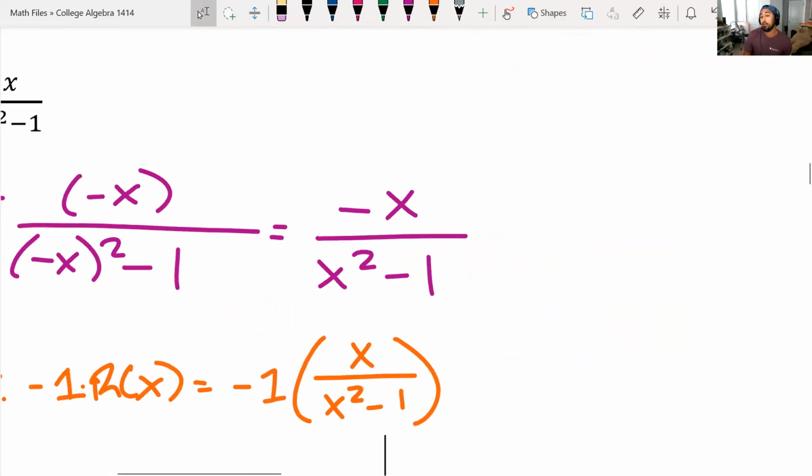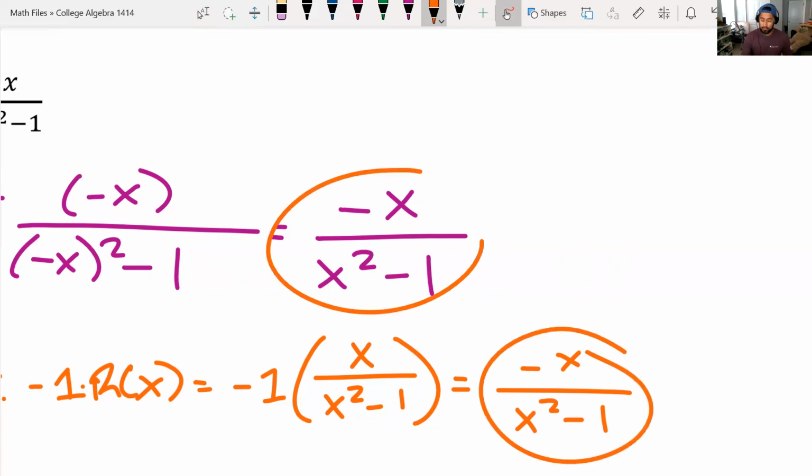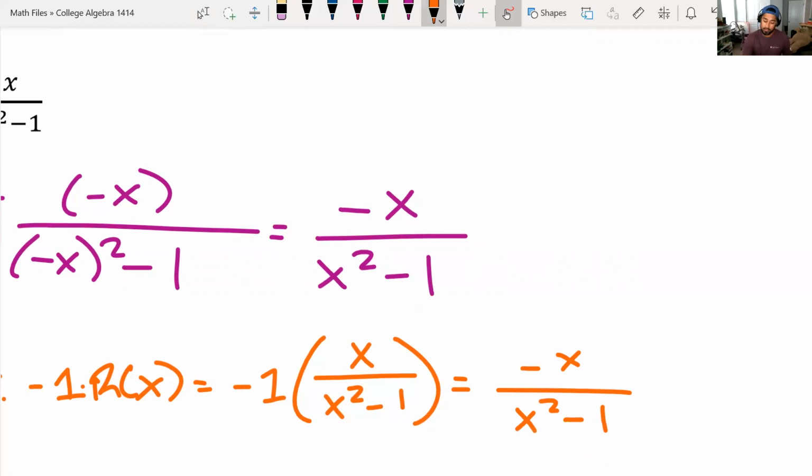And the way we multiply this is that this negative 1 just multiplies that x, right? So this would become negative x over x squared minus 1, which makes us think, does this look like that? And the answer is yes. So this function is definitely odd.